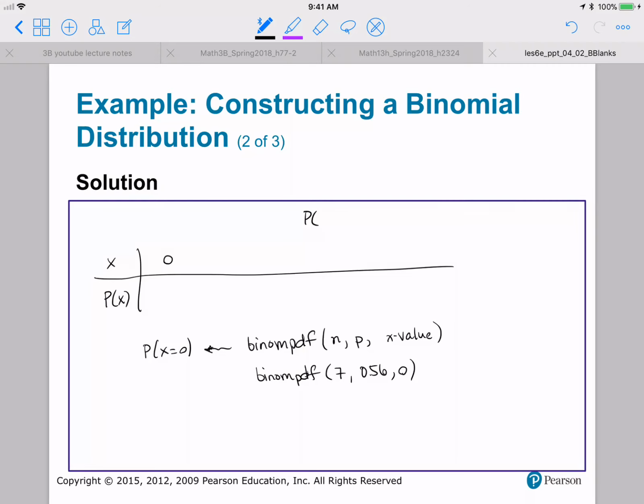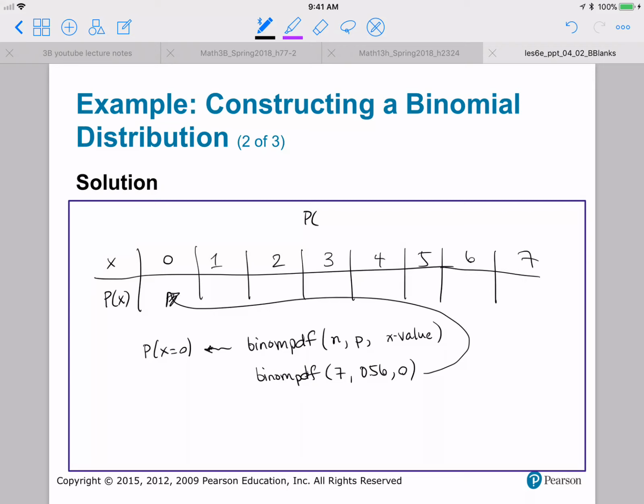And then you get a number, and you write that right there. And then we'll have for 1, 2, 3, 4, 5, 6, and all the way to 7, right? And each time you just change this last little x value, right? So this number here should match your x in the top.